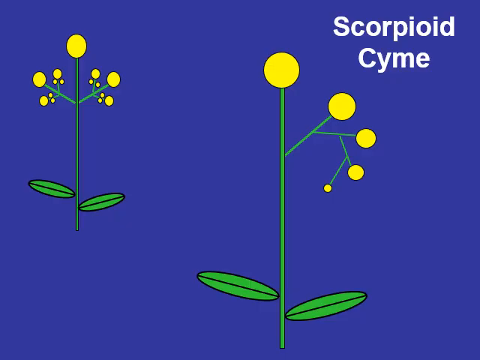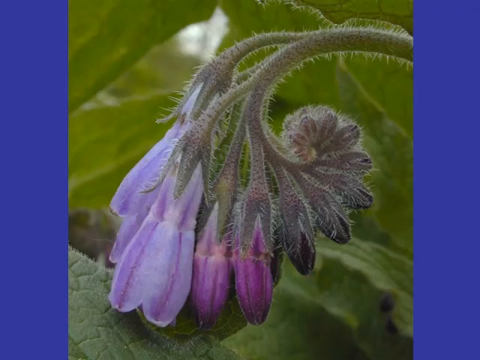Some interesting variations here. Look at what a scorpioid cyme looks like. It puts out 1 instead of 2 the second day, and then another one below that one, and then another one below that one, and finally another one below that one. And it's not a raceme, you see. That would mean that the youngest flower would be on the top of the stem. So you can see the difference there.